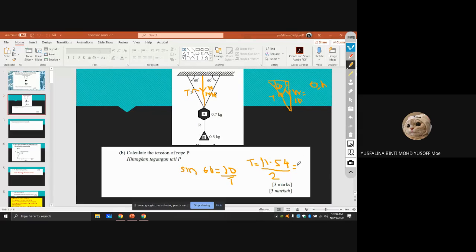If you divide by 2, you will get 5.77 Newton. So this is the answer for question B. You just use cos or sine, depending on which side is given, whether opposite, hypotenuse, or adjacent.